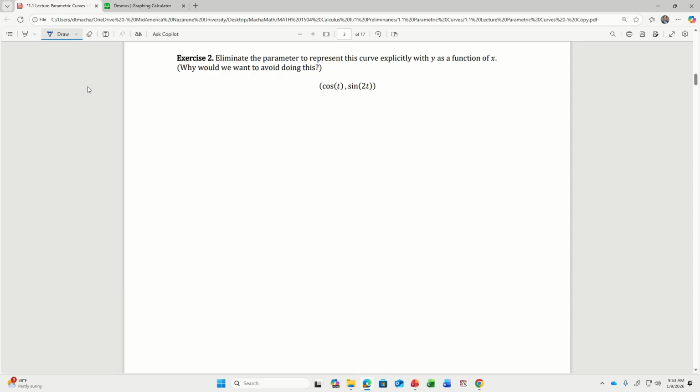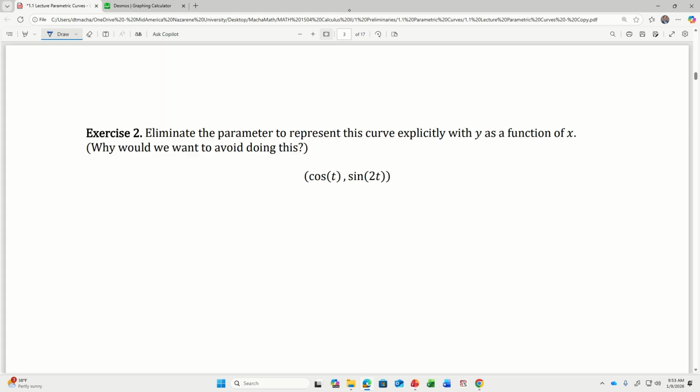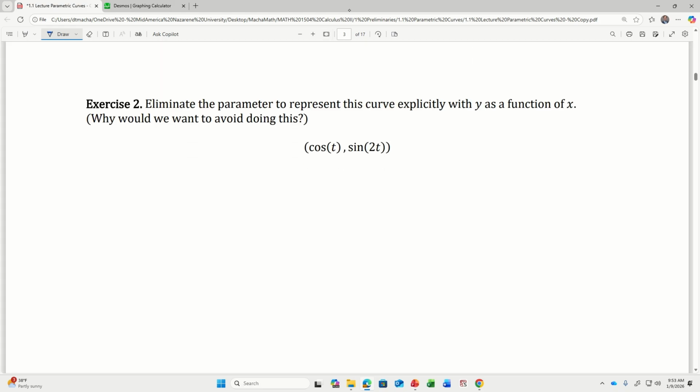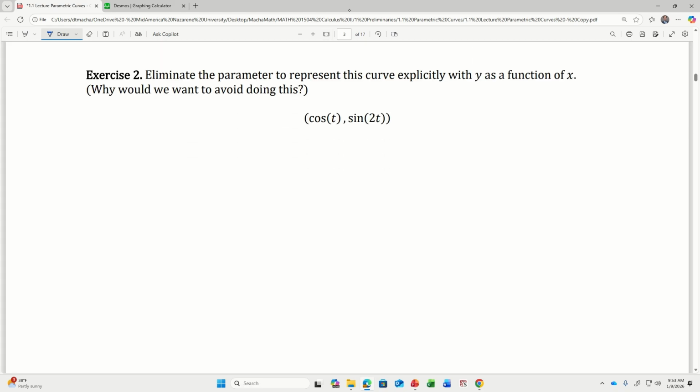Exercise 2 says, eliminate the parameter to represent this curve explicitly with y as a function of x. So let's do that. This is called eliminating the parameter. And to eliminate the parameter, we say, well, it looks like y is equal to sine of 2t and x is equal to cosine of t.